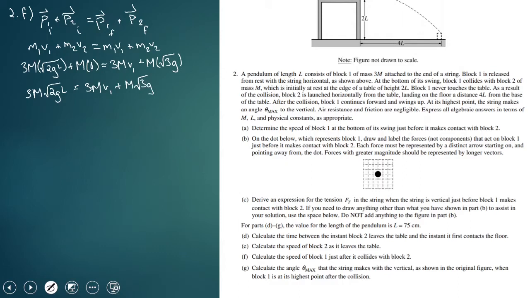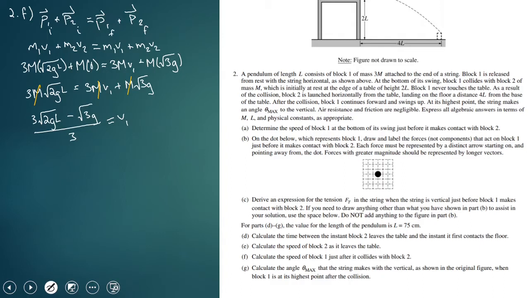I'll show that in orange. So what I'm left with, if I try to isolate my v1, is 3 times the square root of 2gL minus the square root of 3g, divided by 3, is equal to v1. That's just the algebra.